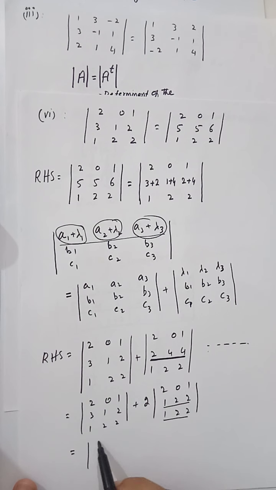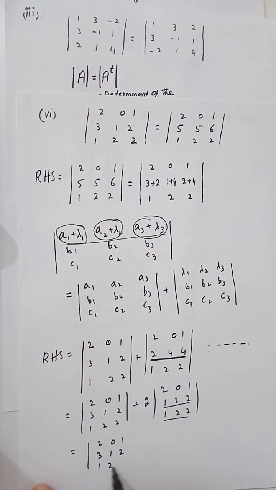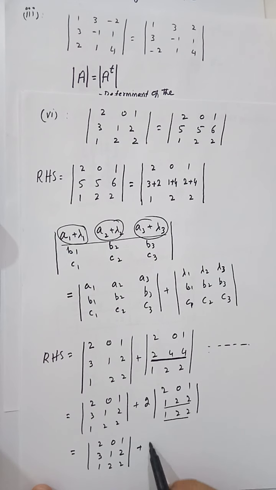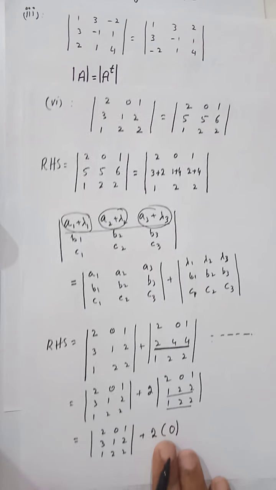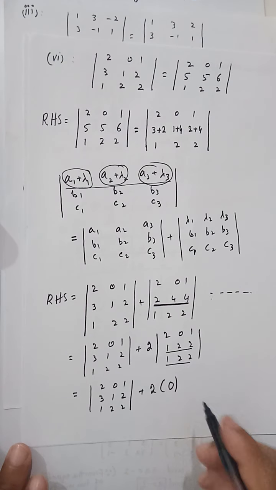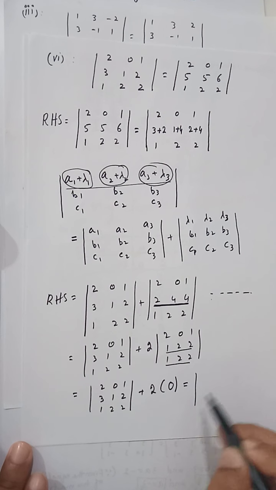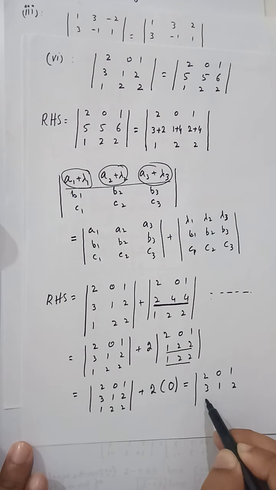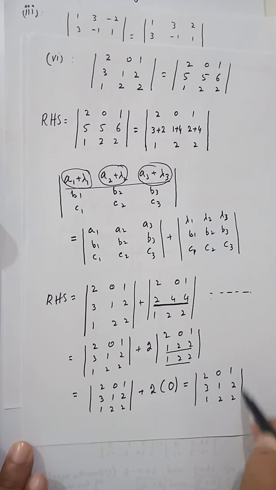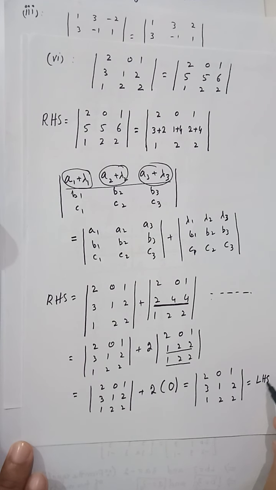So we know a property that if two rows or two columns of a matrix are identical, then the determinant of that matrix is equal to 0. So 0 multiplied by 2, you will get 0. So this is equal to 2 0 1 3 1 2 1 2 2. So this is your required left hand side.